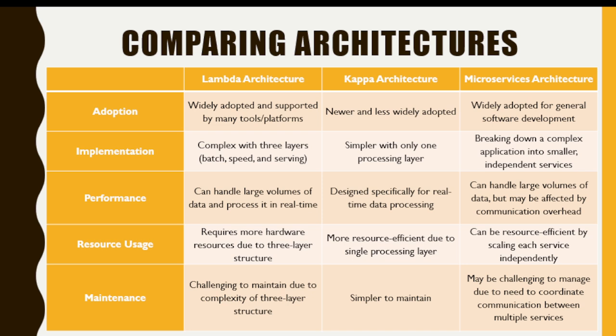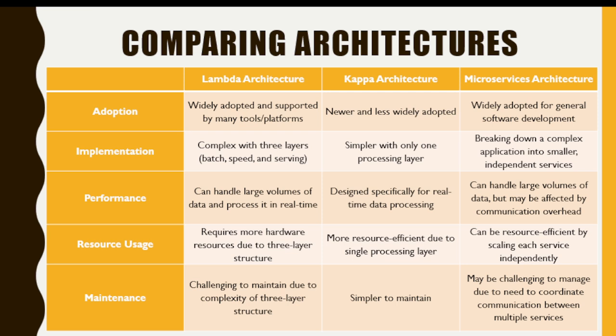Kappa architecture, on the other hand, is relatively new and has not been adopted as widely as Lambda architecture. Microservices architecture is also widely adopted, but it's more commonly used for general software development rather than specifically for big data applications.